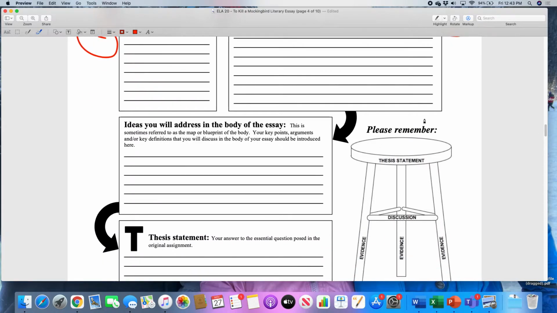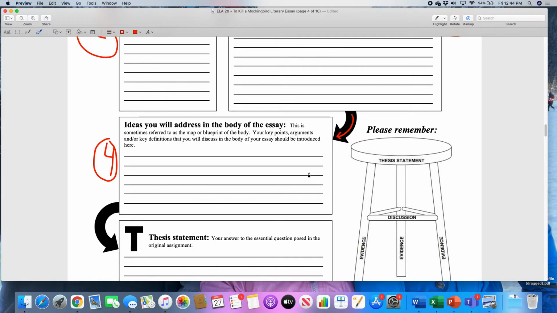Then you identify the ideas you will address in the body of the essay. This is sometimes referred to as the map or blueprint of the body. Your key points, arguments, and or definitions that you will discuss in the body of your essay should be introduced here. So again, for example, you might say that courage is explored 3 different times.